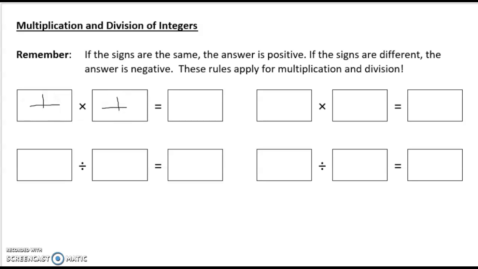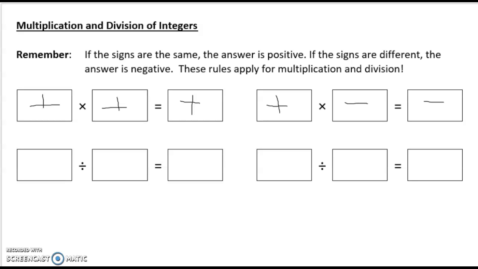The signs are the same, so your answer is going to be positive. If we do a positive times a negative, and they can be switched, it doesn't matter. It's still the same. When it's one of each, your answer is negative.